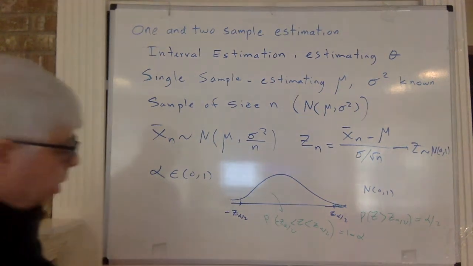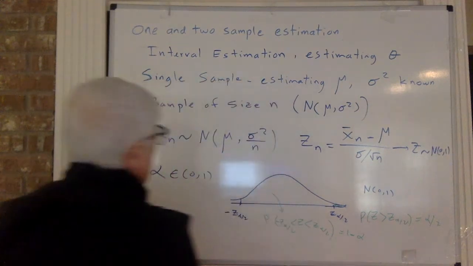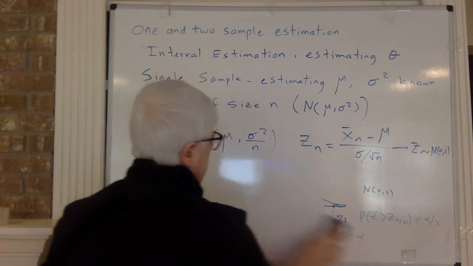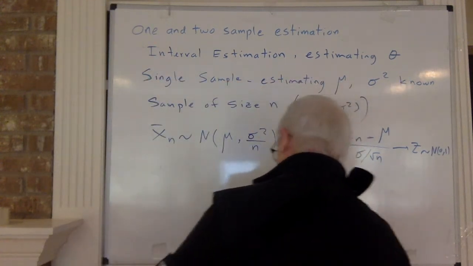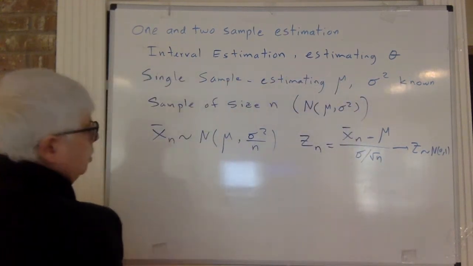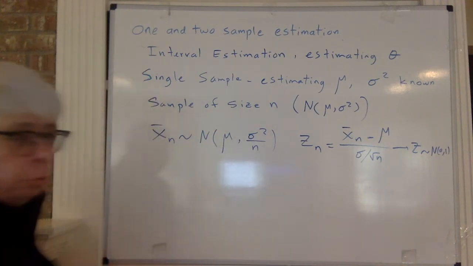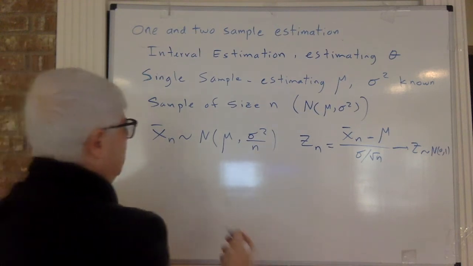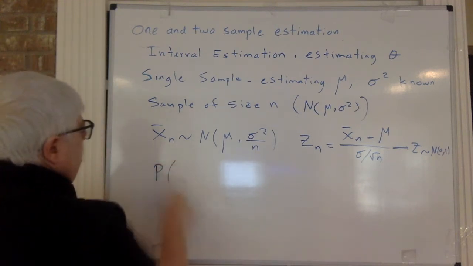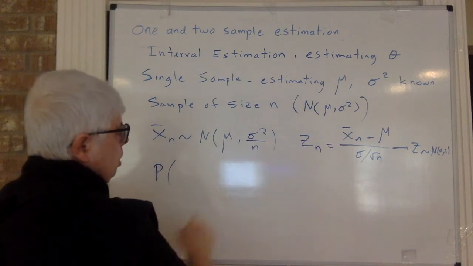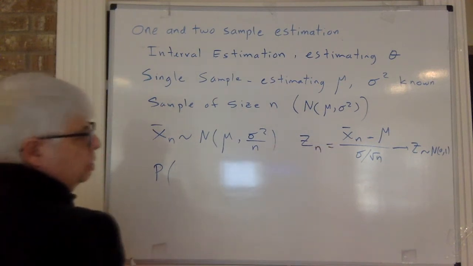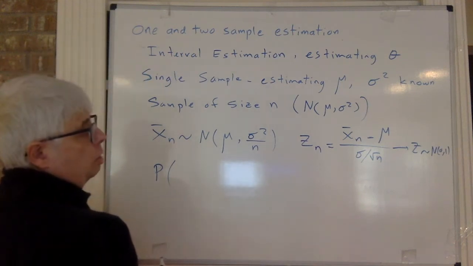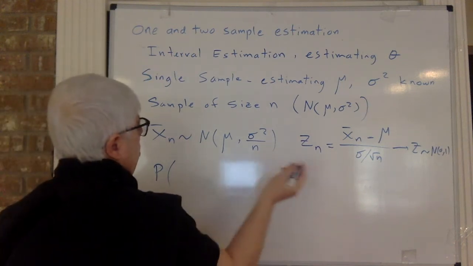Now, well, let's do it. Up to this point, you might say, what are we doing? Well, wait, you will see. This Zn, in fact, approaches Z. So I can say that this Zn, as n gets larger and larger, is normal(0, 1).